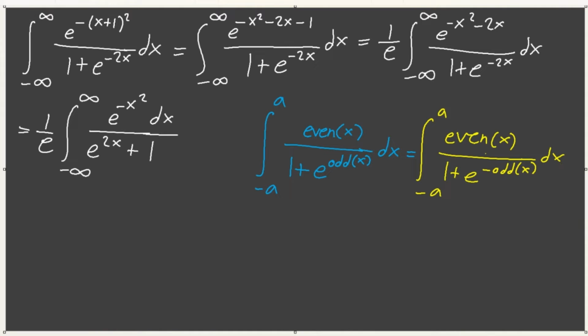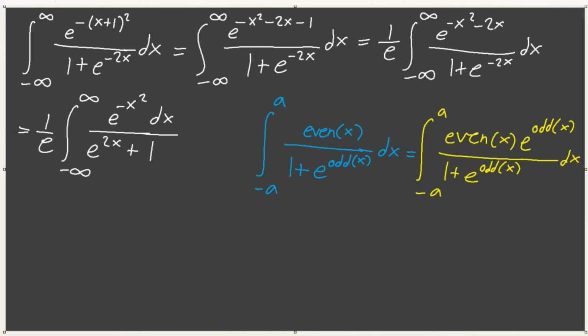Right? But then we also know that, because of algebraic manipulation, multiplying top and bottom by e to the odd function, we get e to the odd function here.